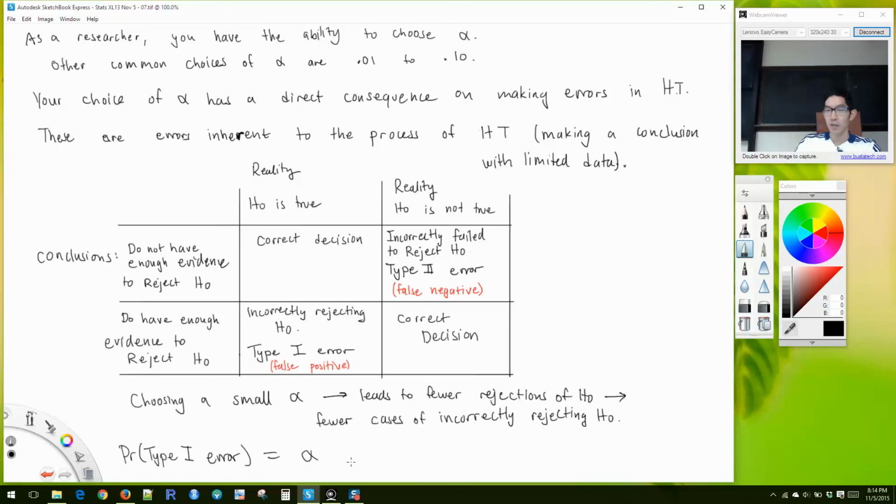Okay, so alpha is directly linked to the probability of a type 1 error. And on the other hand, choosing a large alpha leads to rejecting the null hypothesis more and increases our risk of type 1 error. Okay, so large alpha increases the probability of type 1 error.